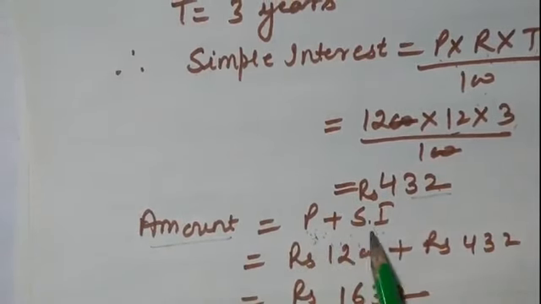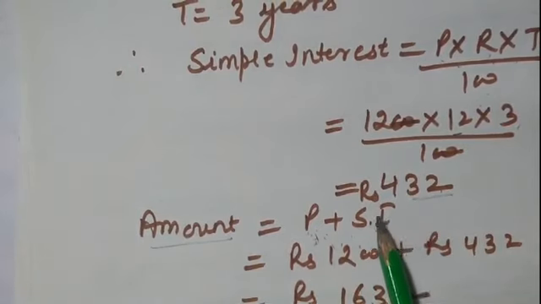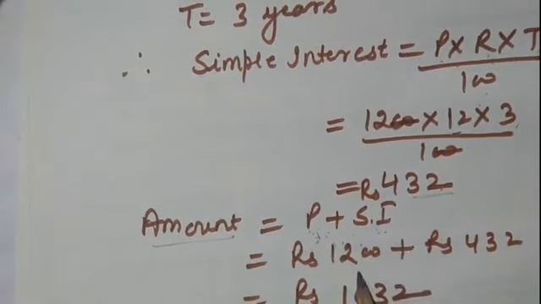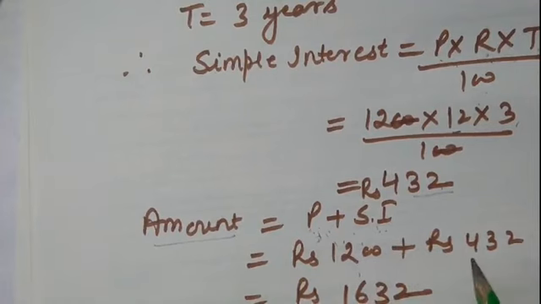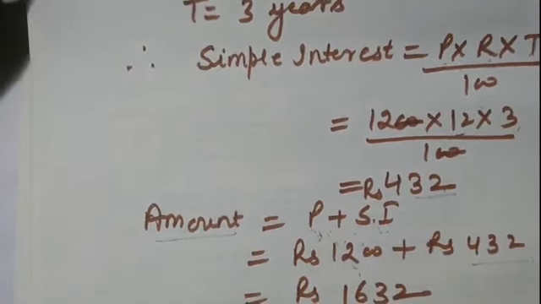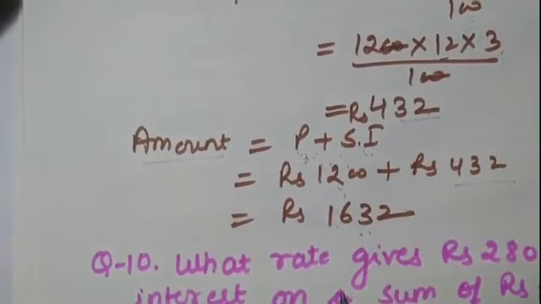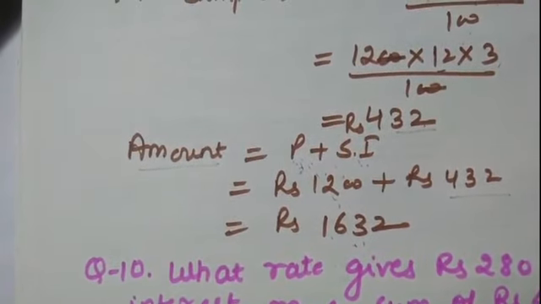Principal we have given and simple interest we have calculated. So principal is 1200 and simple interest is 432. On adding you will get 1632. That is the amount paid after 3 years.